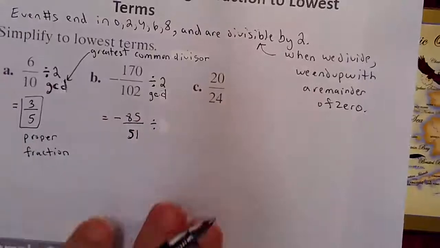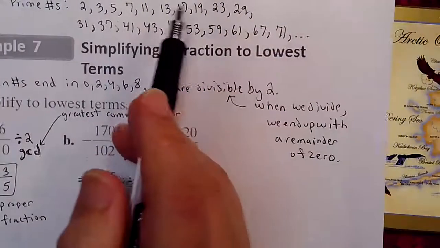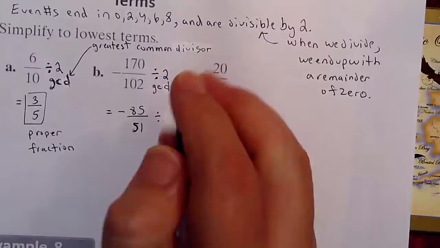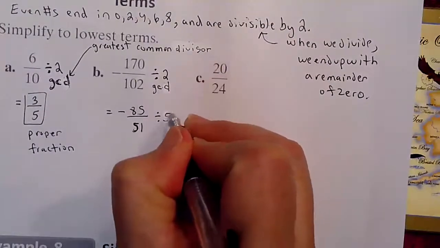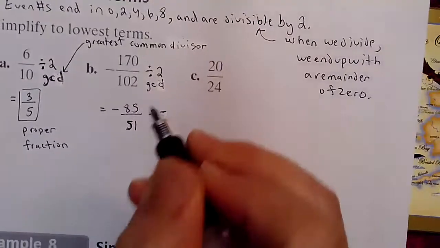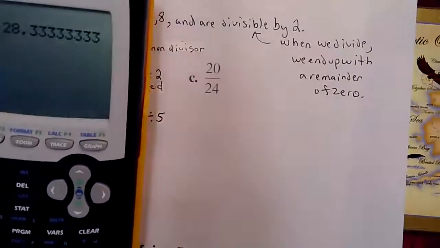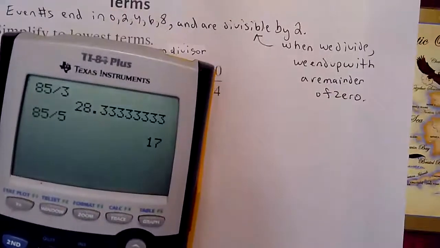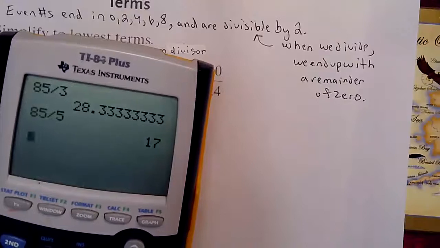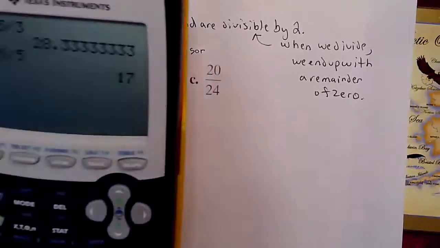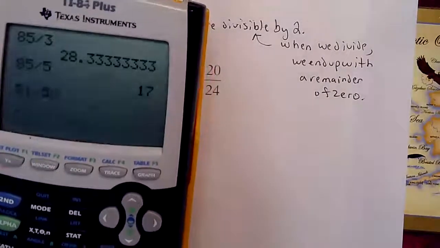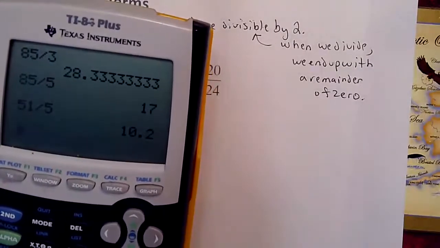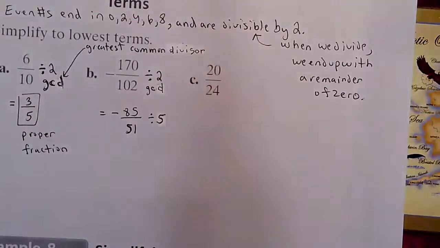Okay, so if I go down my list, 5 would be the next one to try. So 85 divided by 5 looks good. It's a counting number, 17. But when I do 51 divided by 5, see how I get a decimal? That's not good. So 5 won't work.